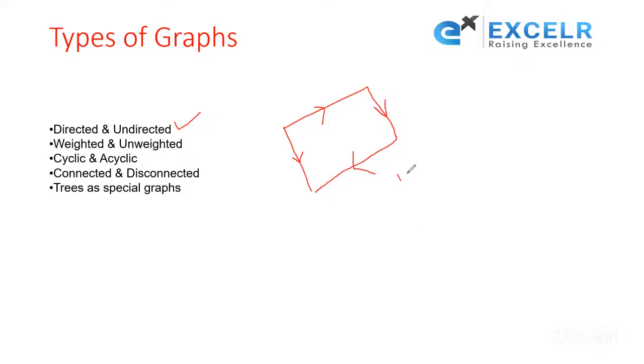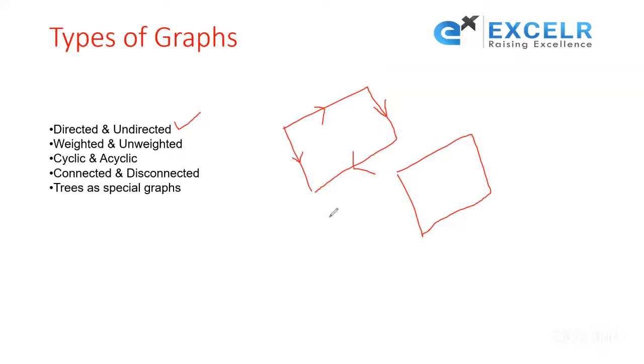And whenever the graph is undirected, it simply means the edges don't carry any direction. So directed graph means we have directions on the edges. Undirected graph means there is no direction on any of the edges of the graph.